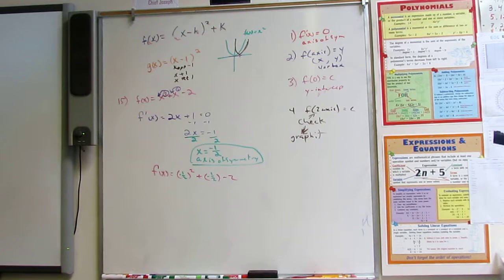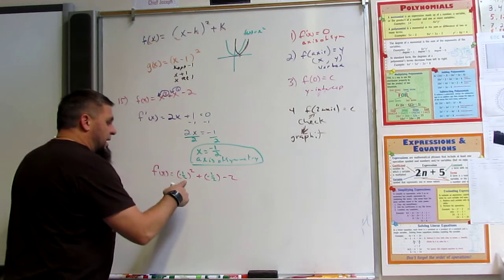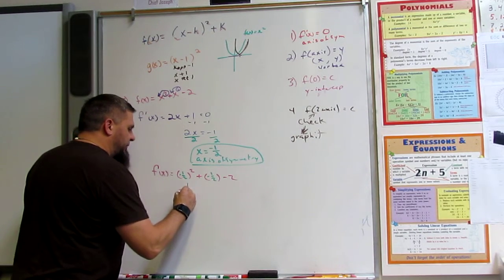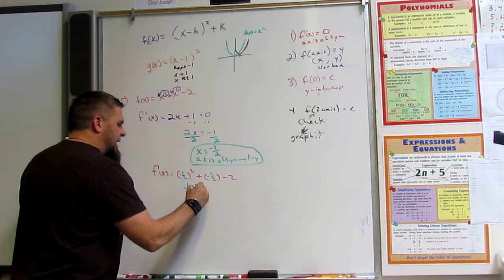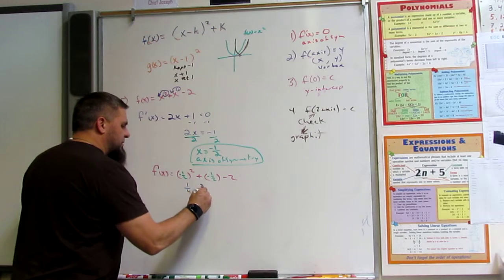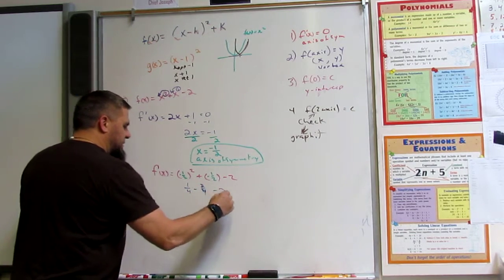And so from there, I solve the math. -1/2 squared is 1/4. Minus 1/2 is minus 2/4, minus 2.